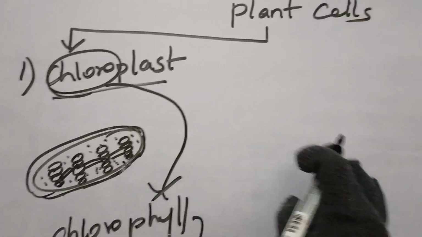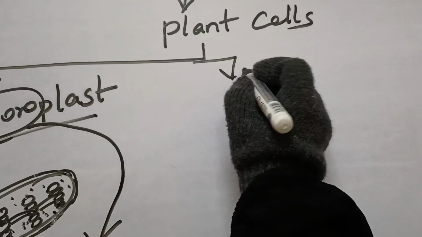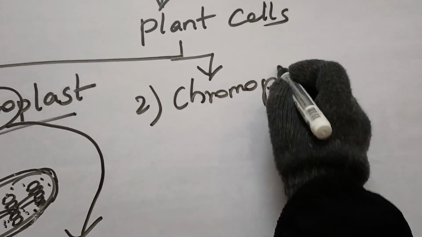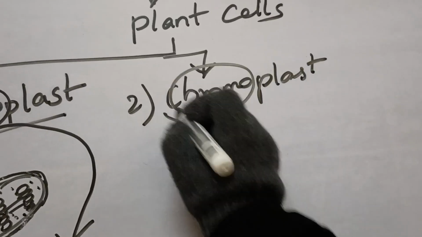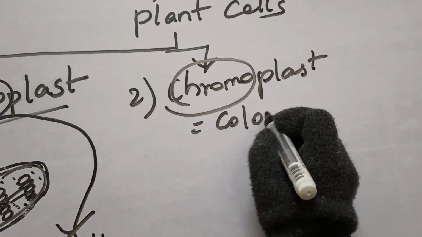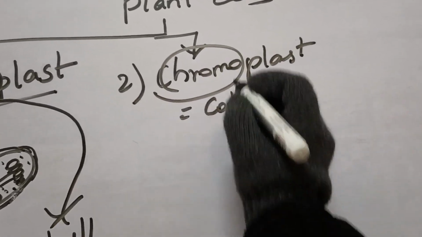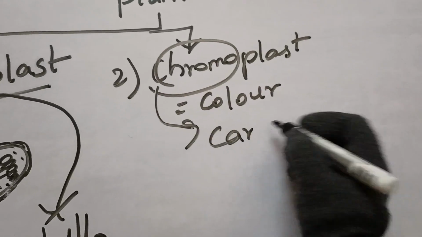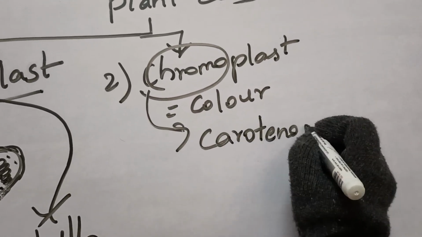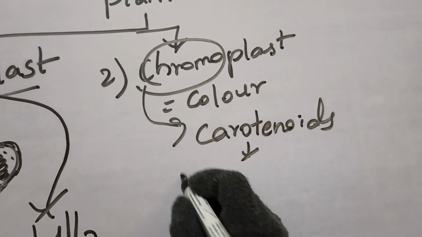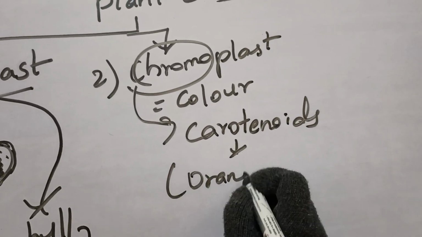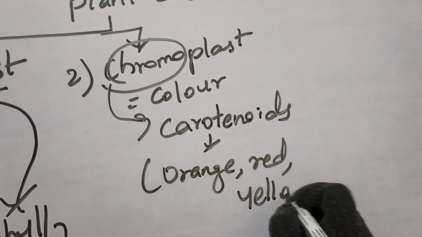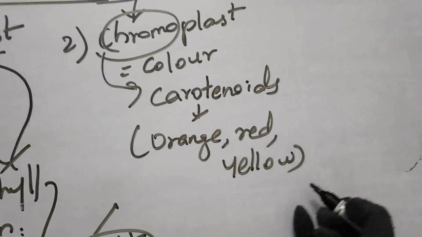All the dark and light reactions are going to happen in the chloroplast. Okay, so talking about the next type of plastid, it is chromoplast. The word chromo is related to color. So this chromoplast is going to contain pigments. What pigment? Carotenoids. These carotenoids are going to give colors like orange, red or yellow.